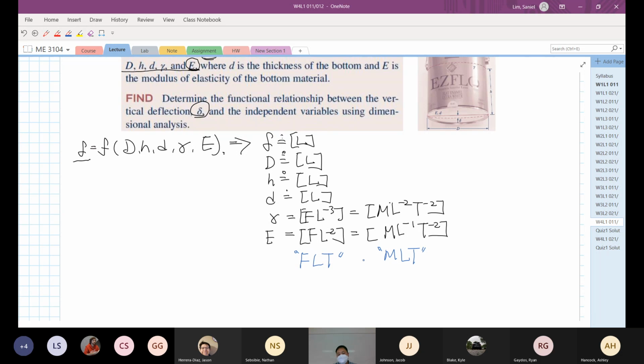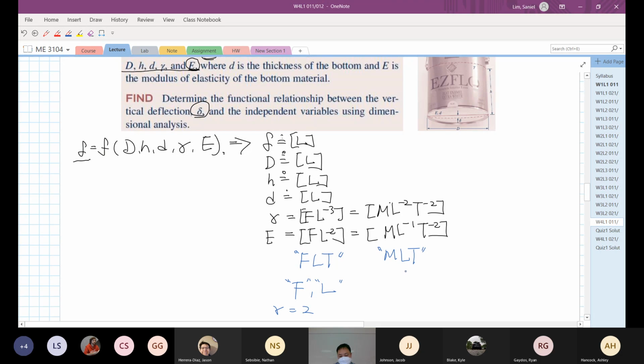The reference dimensions are the ones we use to express the variables here. All right, what did we use here? F and L. So reference R is going to be just the 2, not 3. Although we have 3 basic dimensions, we use a 2.